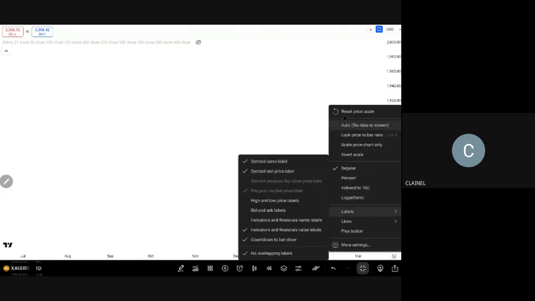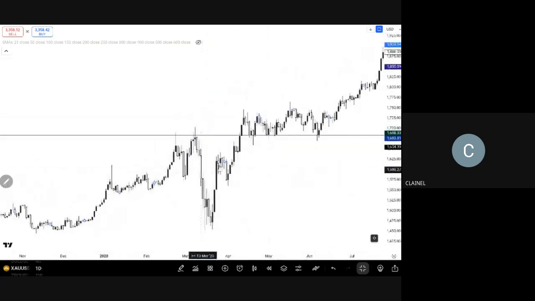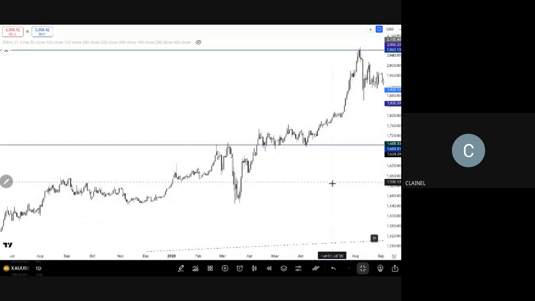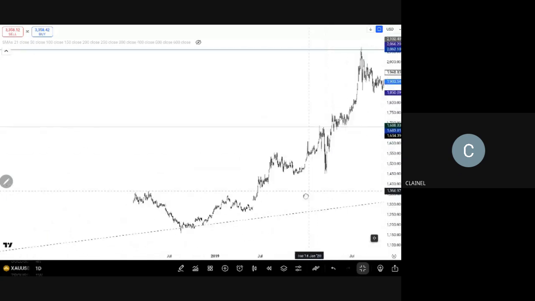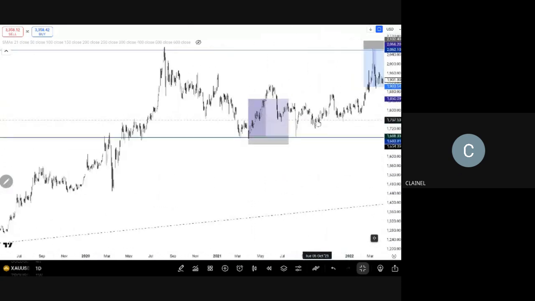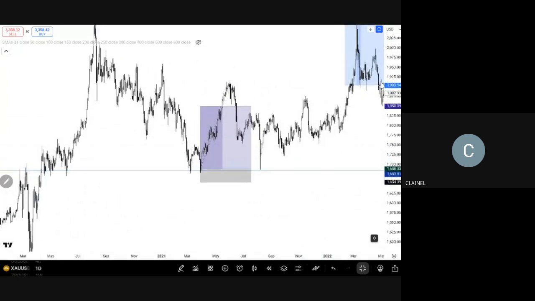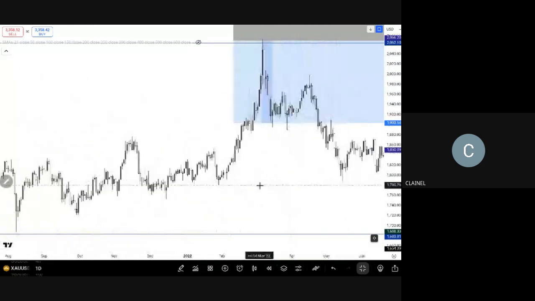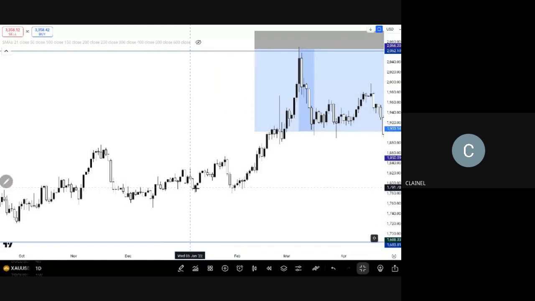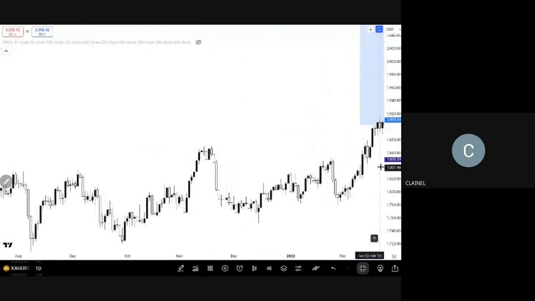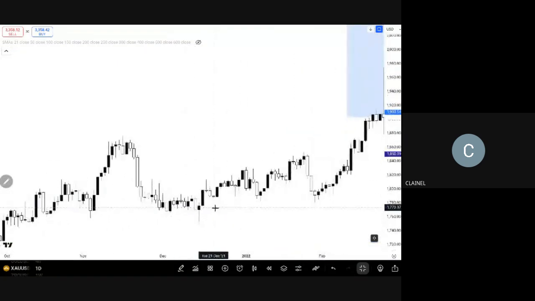Let's reset this price chart. Okay, we're back. So right here, let's identify similar. You can see this can be identified as your evening star, but let's ignore this right now.